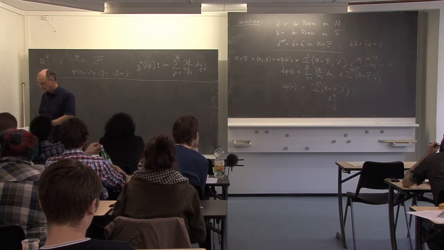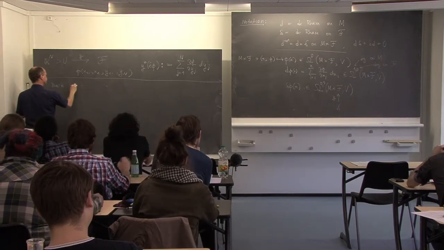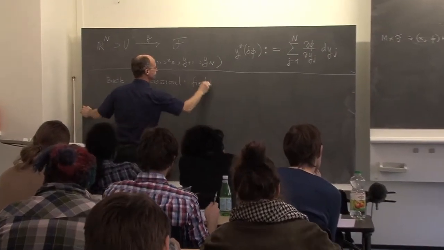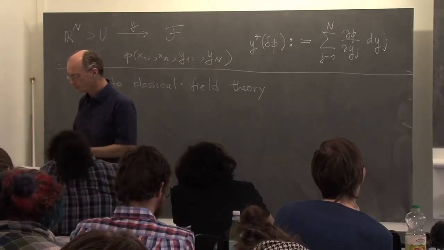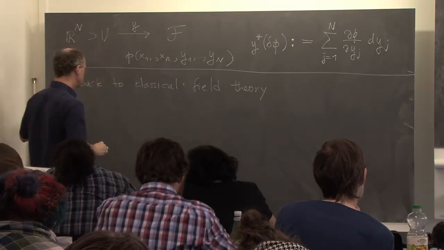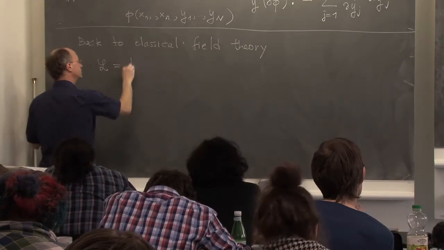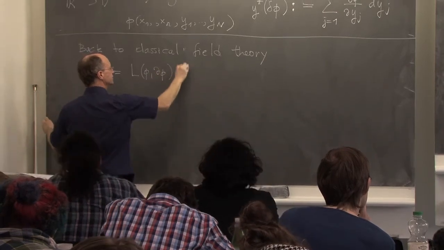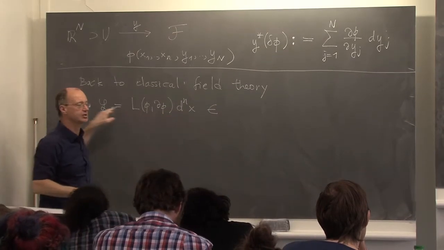Now, let me go back to classical field theory. So I would like to rediscuss the calculation that we made. And for that, recall that I already introduced this curly L, which is L of phi d phi dnx. Now I'm saying, what is it actually?